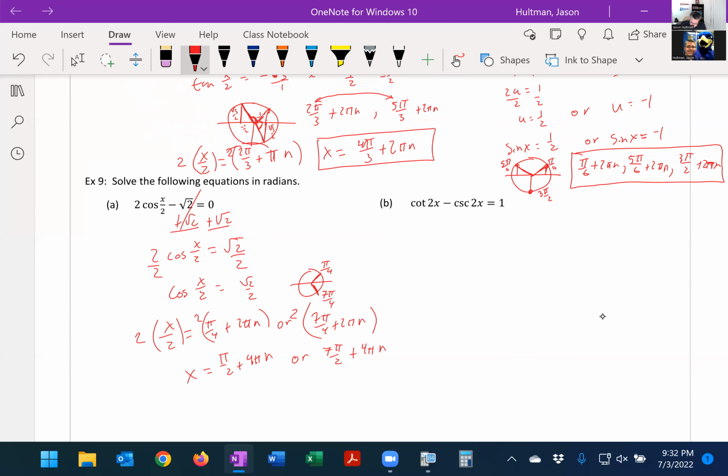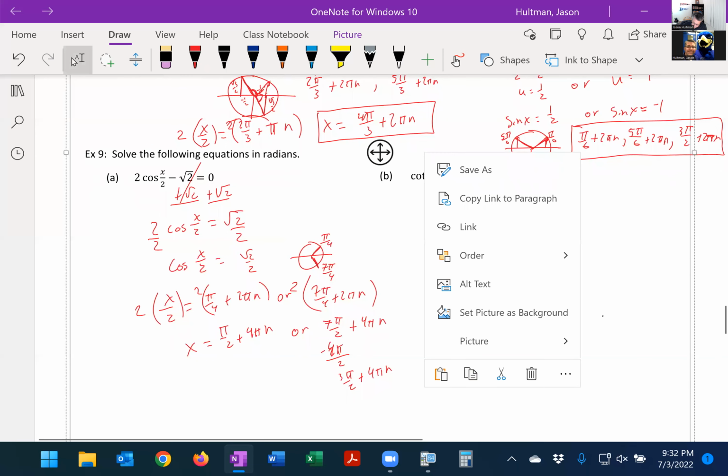And I just want to check to make sure that this is not the same thing. 7 pi over 2, what's 2 pi? 2 pi is 4 pi over 2. If I were to subtract off 4 pi over 2, I would get 3 pi over 2 plus 4 pi n, and I could rewrite it like that as well.